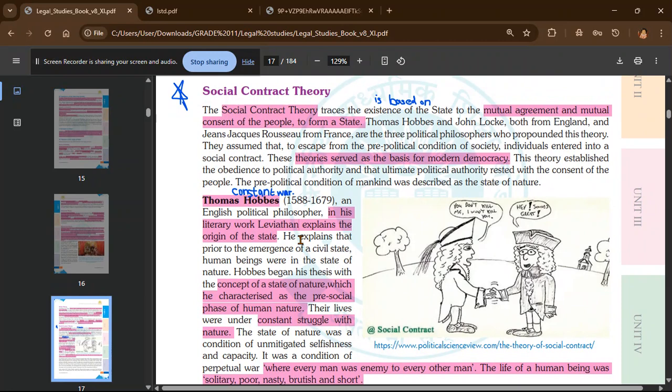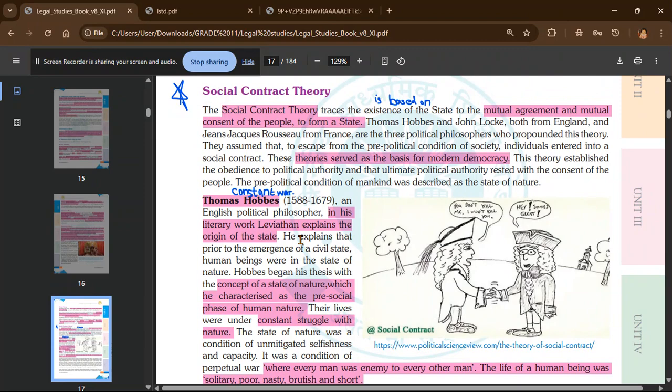Social contract theory is based on the mutual agreement and mutual consent of the people to form the state. Wherever you see the name social contract theory, associate it with mutual agreement, meaning both sides are agreeing, and mutual consent of the people to form the state. These theories served as the basis of modern democracy.